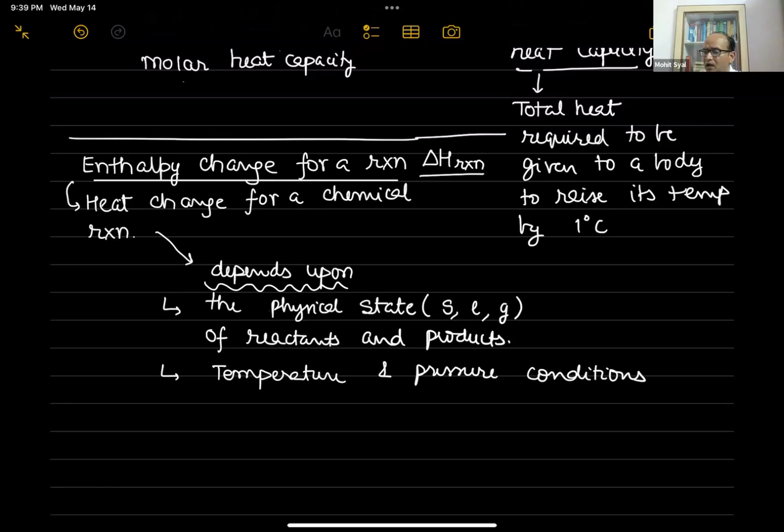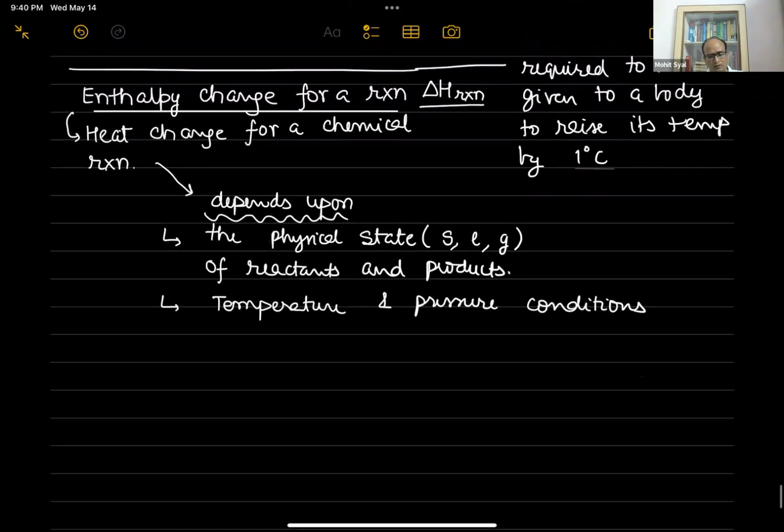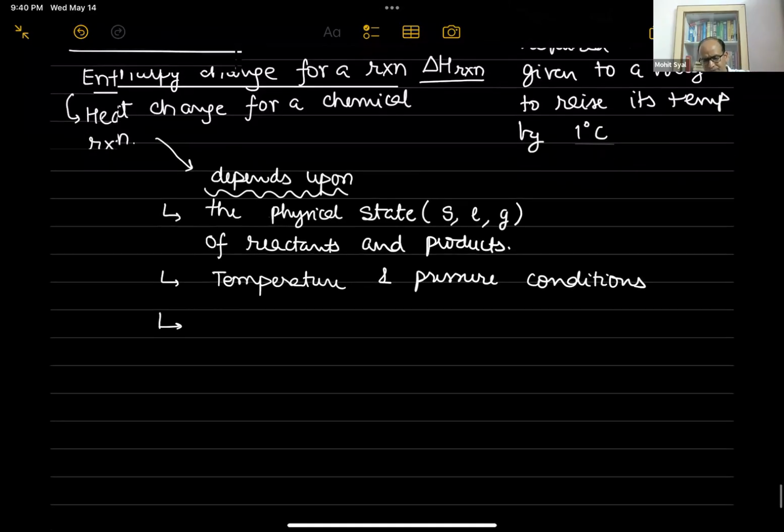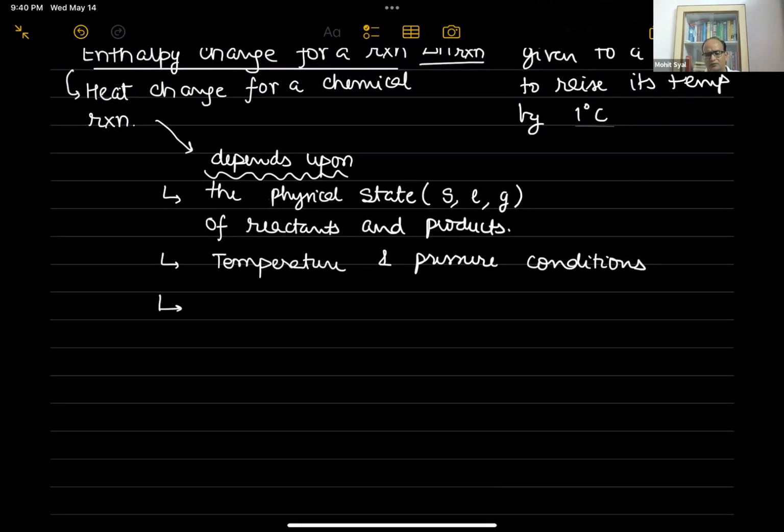Is it clear? So the delta H of a reaction depends upon many factors: the temperature, pressure, the physical state of the reactants and products, and the state or the allotropic condition which you have taken.